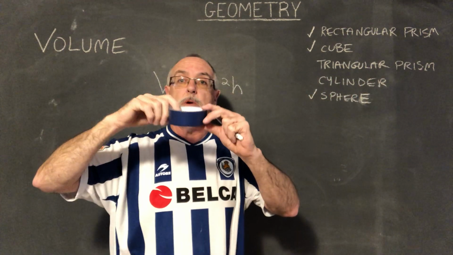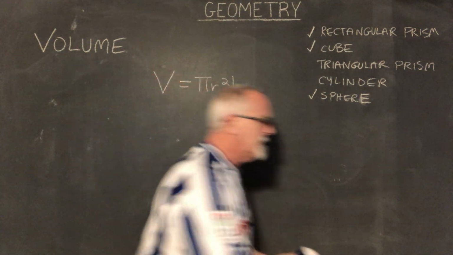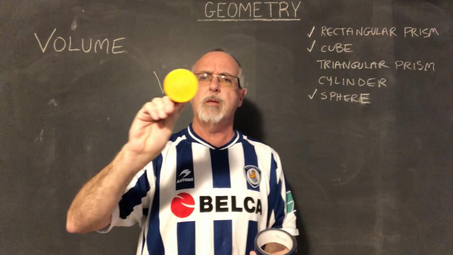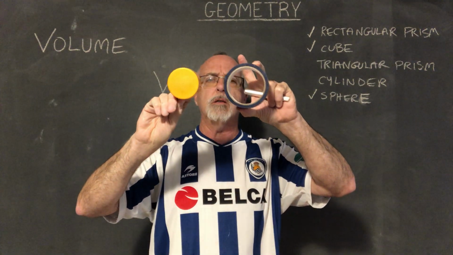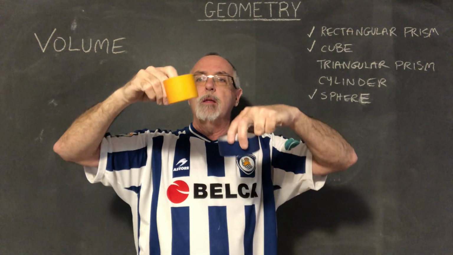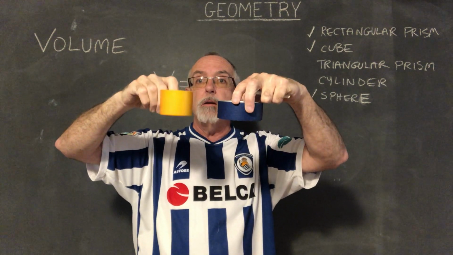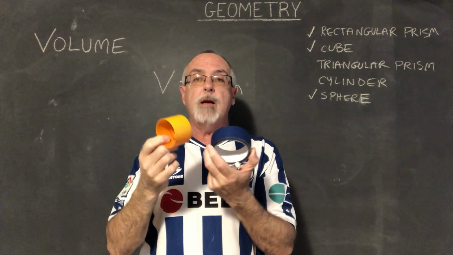This one has smaller height. They both have radiuses, so let's compare. This has a smaller radius than this. So the orange thing has a smaller radius than the blue painter's tape, but the height of the orange thing is larger. Which will have the larger volume?